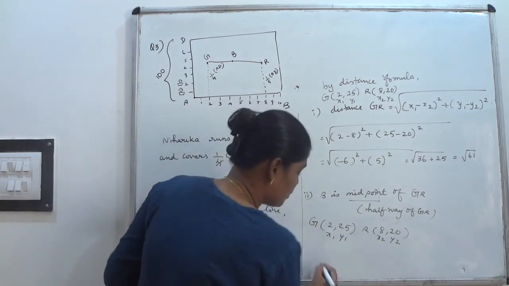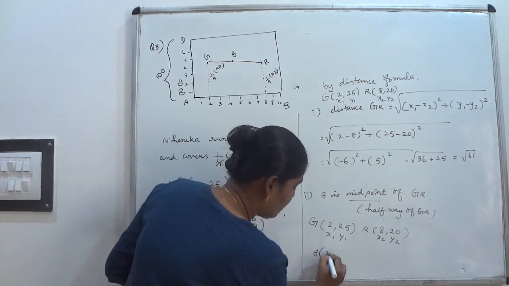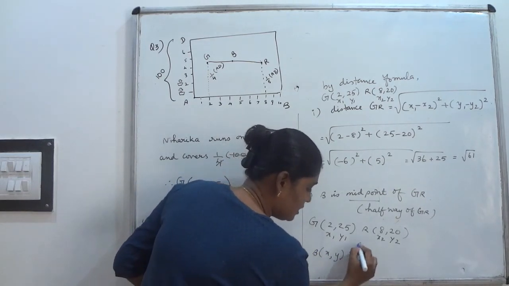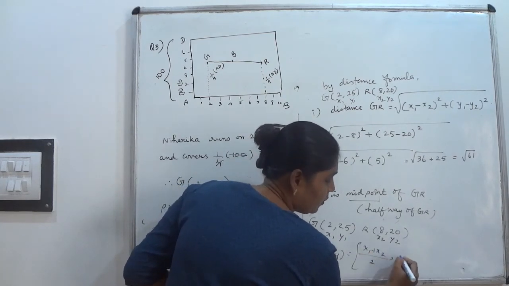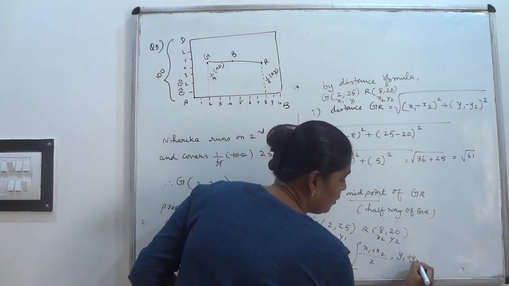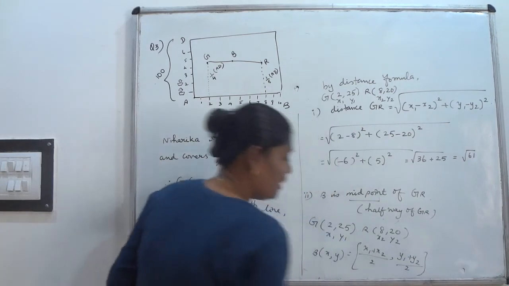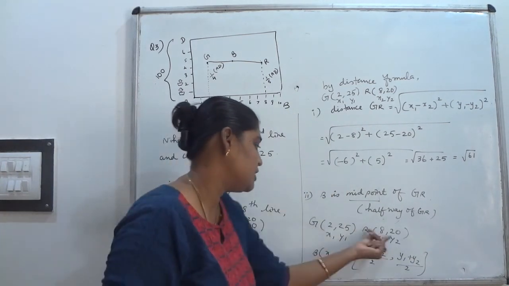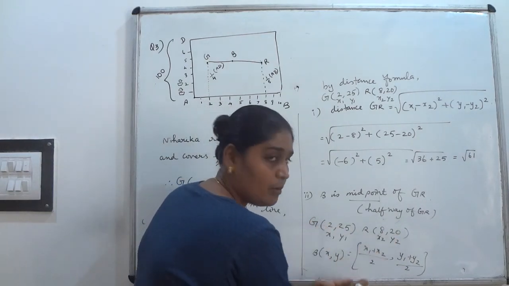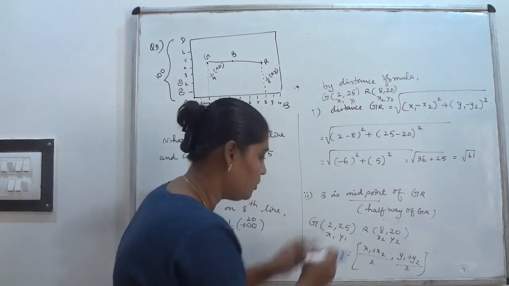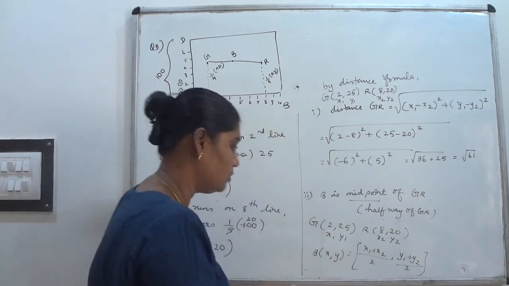The midpoint formula you should know. The midpoint formula I am telling now, that is x1 plus x2 upon 2, y1 plus y2 upon 2. Why have I written this one? I have to find out the midpoint of these 2 points. That means add these 2 points upon 2.